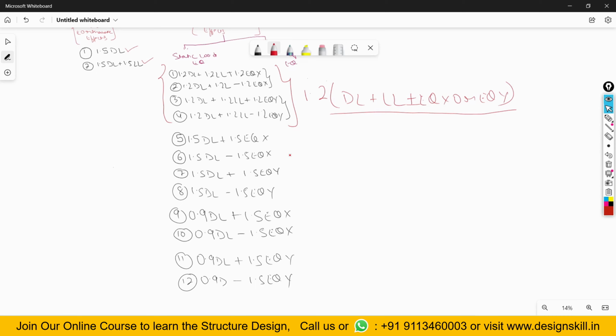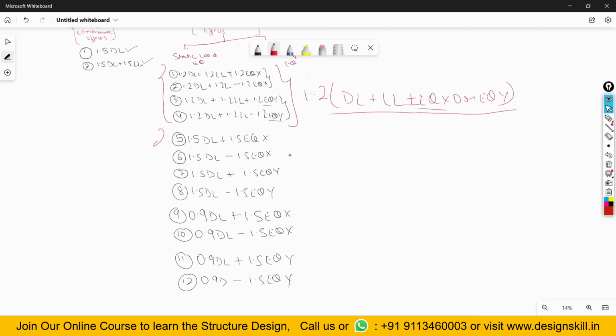So plus minus, then once it is considered for EQX, then another will be considered for EQY. So these load combinations can be rewritten like that also. But when you consider the software, you have to consider every one as separate. But if someone asks what the earthquake load combinations for the static one are, then you can write like that also. There will not be any problem.